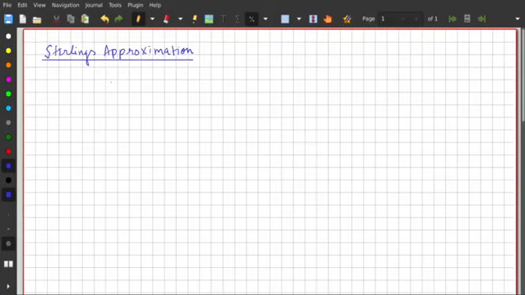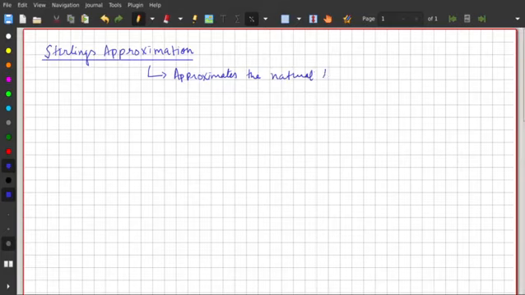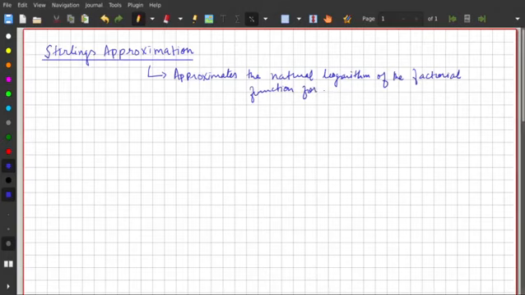What Stirling's approximation basically is, think about this as an approximation, and what it approximates is the natural logarithm of the factorial function for large numbers.